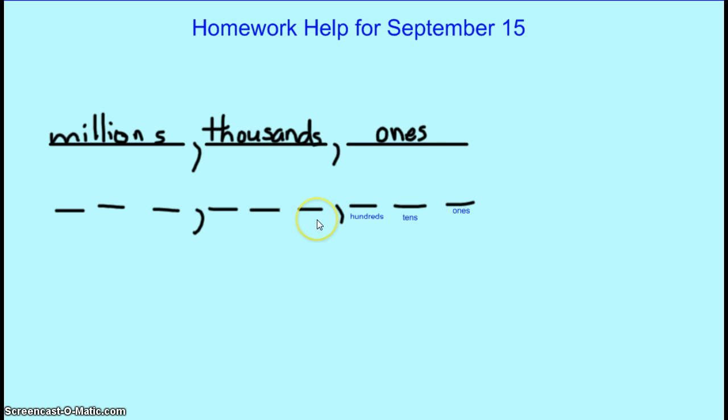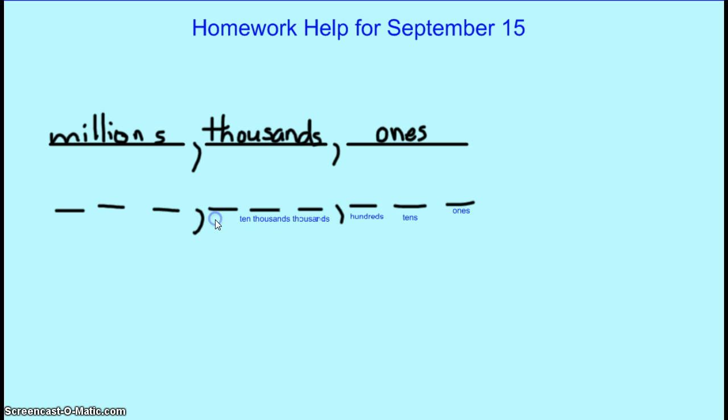When we go past that first comma, we get into our next place value, which is thousands. Thousands, and then the next would be 10,000s. So we'd have the 10,000s place here.